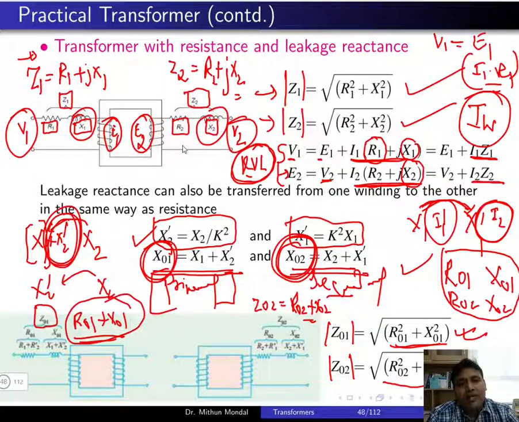Then we added the reactance, that is the leakage reactance on the primary side and the secondary side, and calculated the voltage drops on both sides. Finally, we saw how to transfer resistance and reactance from one side to the other, so that the calculations become easy to find the net equivalent impedance of the transformer.